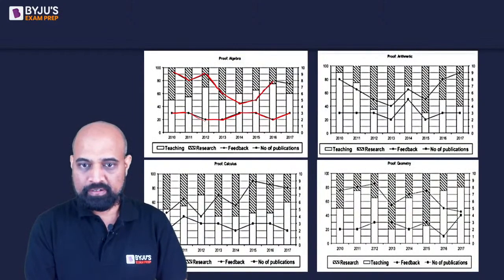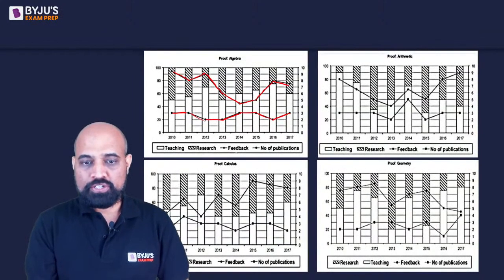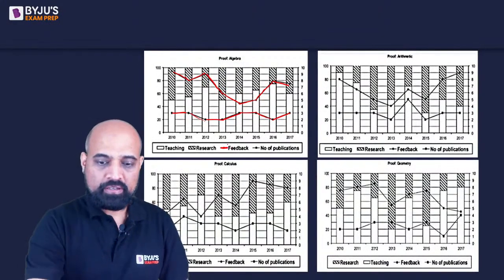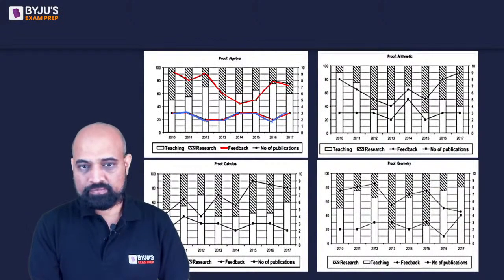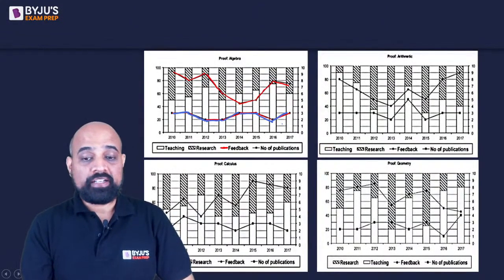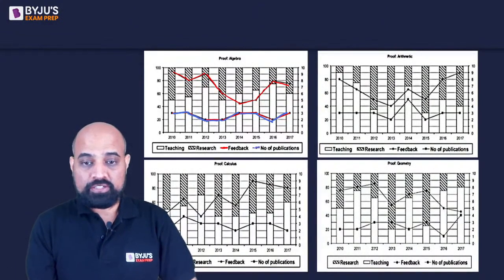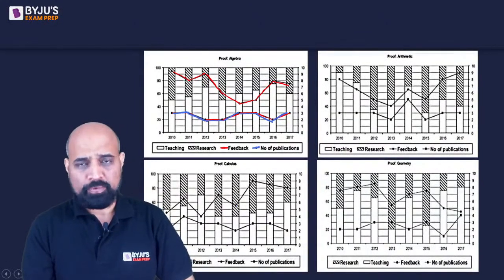So the red one is feedback, and the blue one is number of publications, which is not in decimal value.